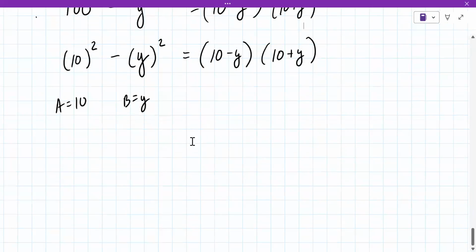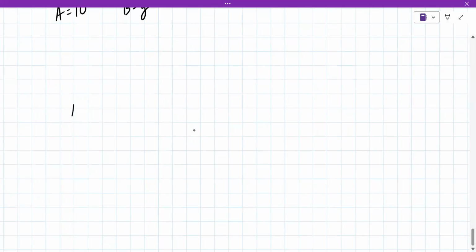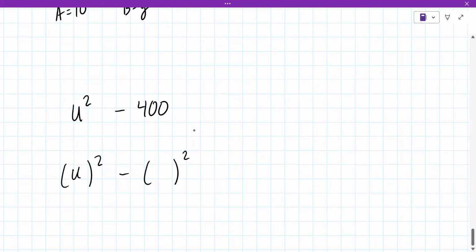Let's try another one. Let's say it's u squared minus 400. So you have to figure out what is that you're squaring minus what is that you're squaring. So it would be u minus 20. Okay, so give me the full factoring here.